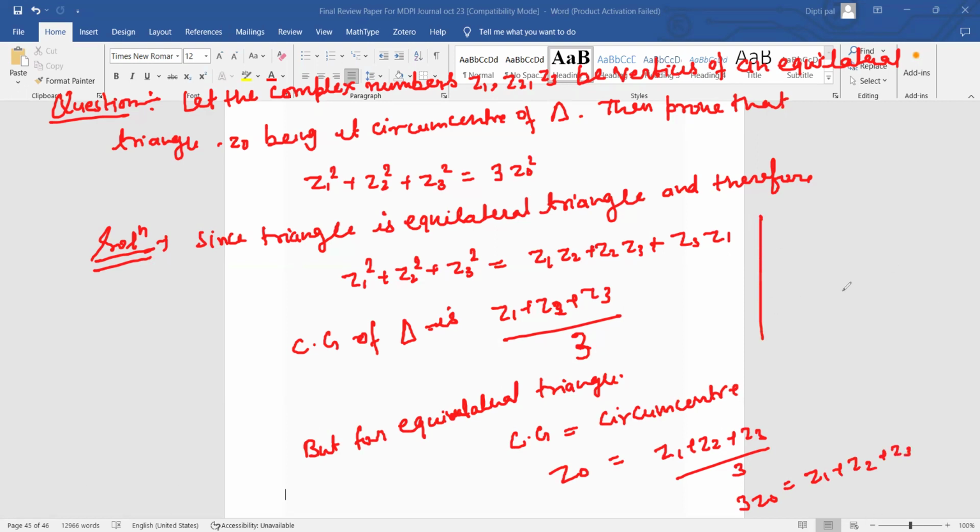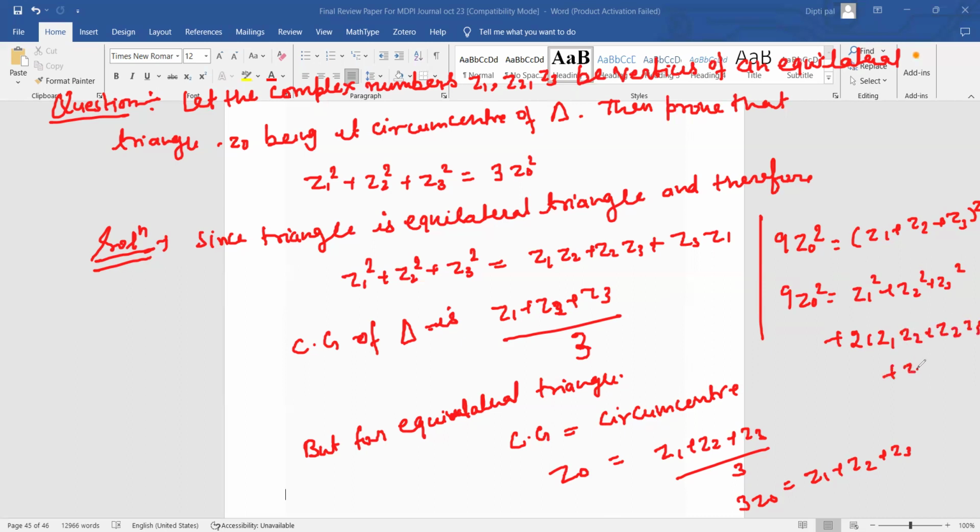Squaring both the sides, what do we get? 9Z0 square equals Z1 plus Z2 plus Z3 whole square. Now we open it, then we get 9Z0 square equals Z1 square plus Z2 square plus Z3 square plus twice of (Z1Z2 plus Z2Z3 plus Z3Z1), and this is equal to this one.